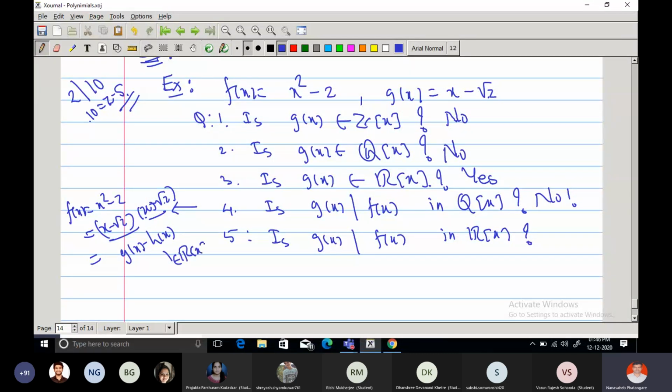In R[x], it is possible to divide this polynomial by x minus root 2, so here the answer is yes.